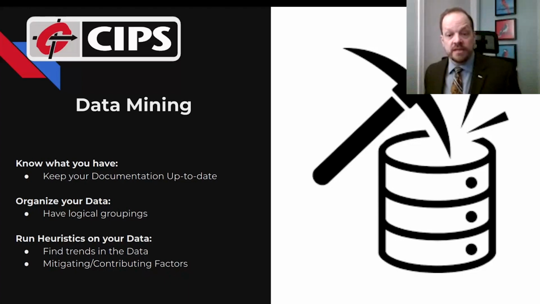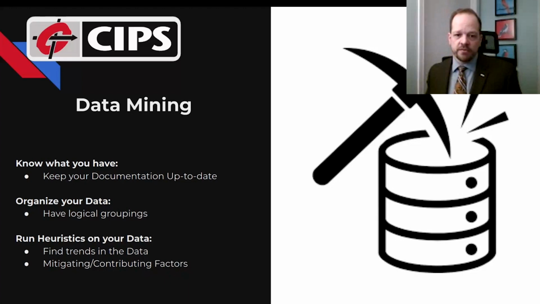By doing these processes, you're going to figure out exactly what path you need to take as an organization to get to where you want to be. So if you want to sell more toothbrushes, address the mitigating factors that are preventing the sale of toothbrushes, and emphasize the contributing factors.